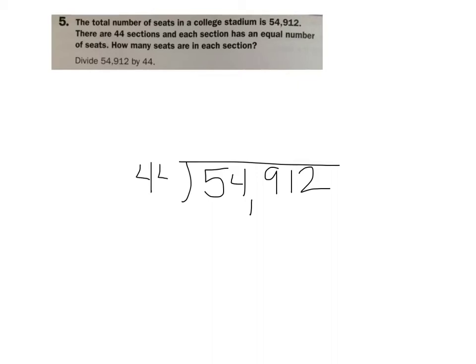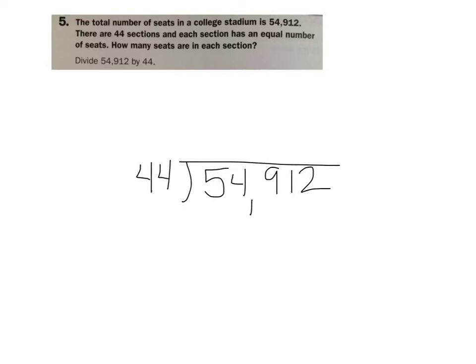How many seats are in each section? We need to divide 54,912 by 44. The first number goes on the inside of your division symbol. So 54,912 divided by 44.